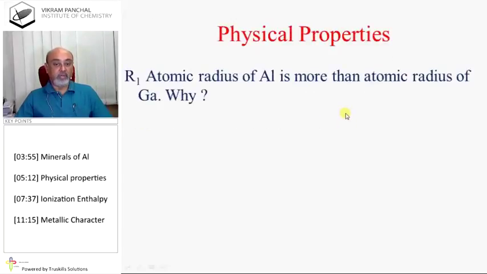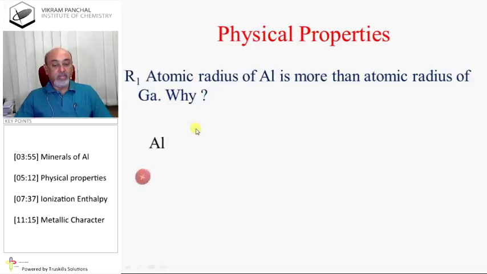Now physical properties. The atomic radius of aluminium is more than the atomic radius of gallium. Normally, if you go from top to bottom in a group, atomic radius increases, but here the atomic radius of aluminium is more than that of gallium. Why?